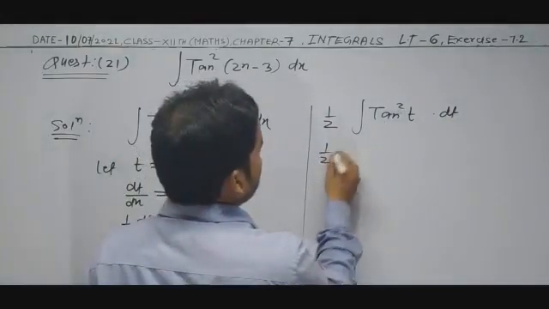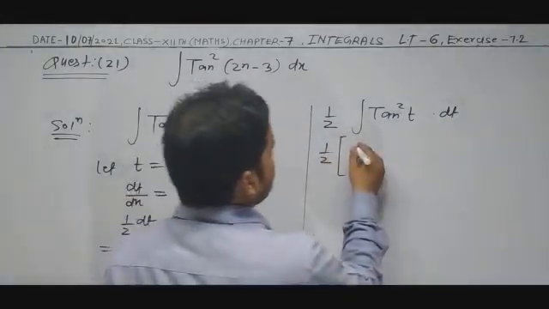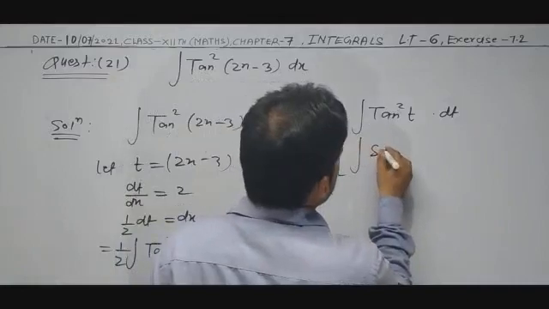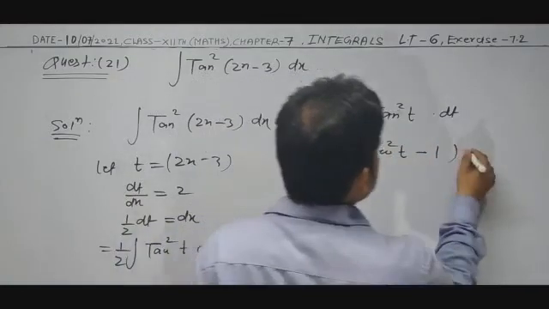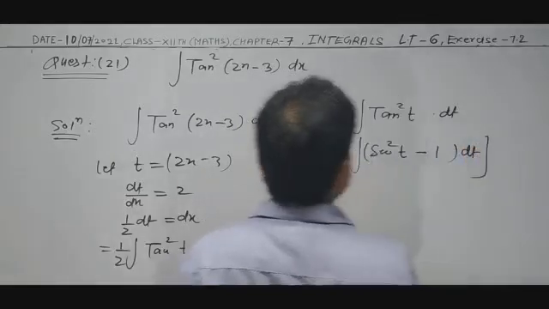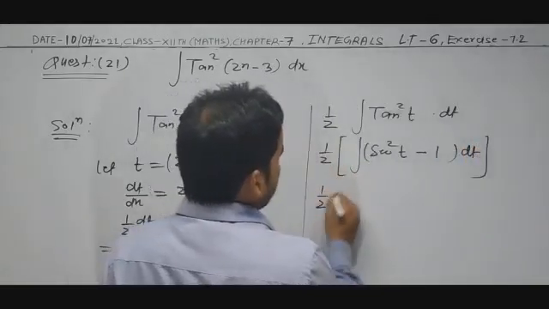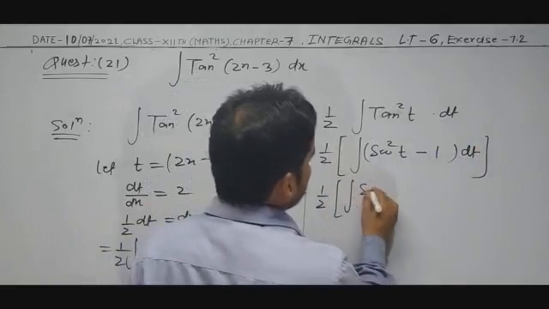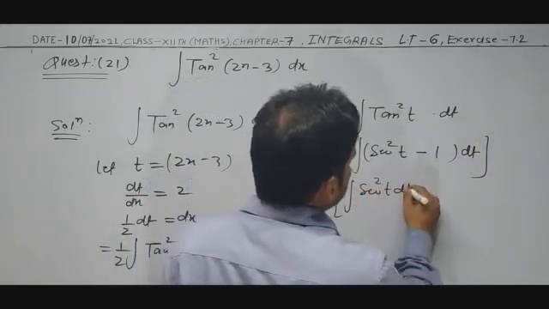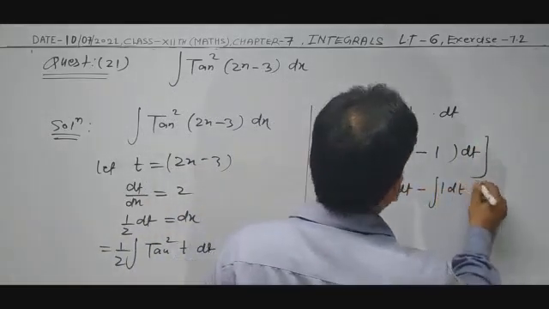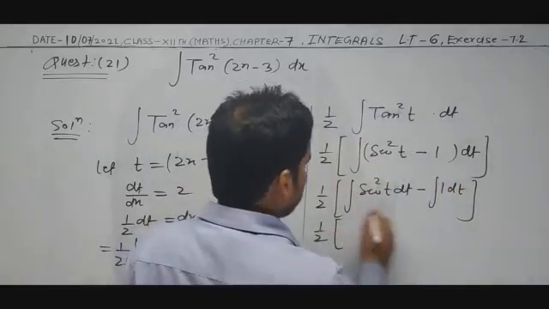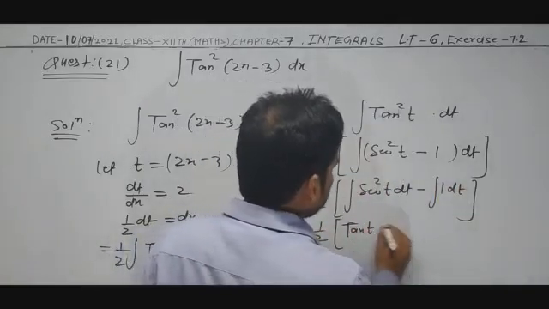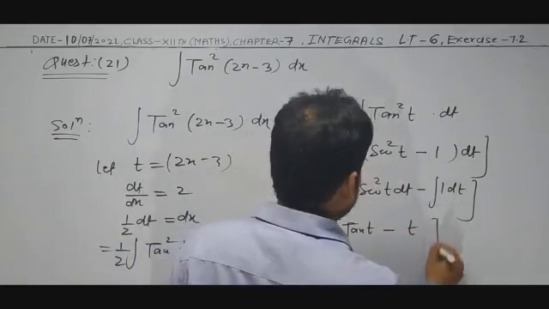So 1 by 2 times sec square t minus 1 dt, and now integration of sec square t dt minus 1 dt, and the result will be tan t, and for 1 dt it is t, plus c.